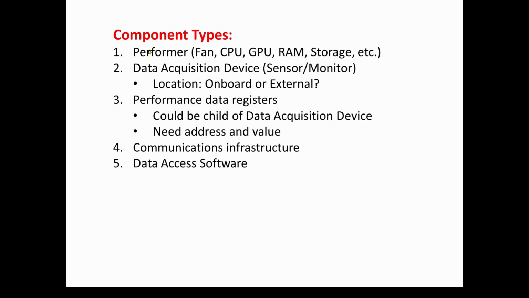So these are the five, what I call the five major components we're going to have to understand and deal with: the performer, the data acquisition device, the data registers that hold the data, the communications infrastructure, and the data access software. And again, you can imagine there's lots and lots of variations on these, since there are so many different manufacturers and models of all these different performers. There could be many, many different variations.